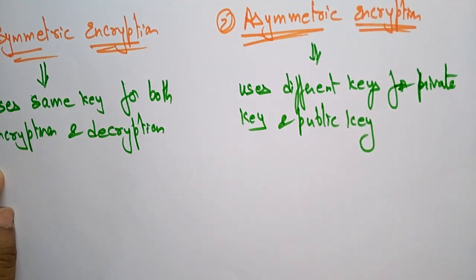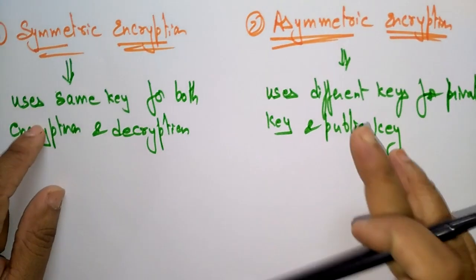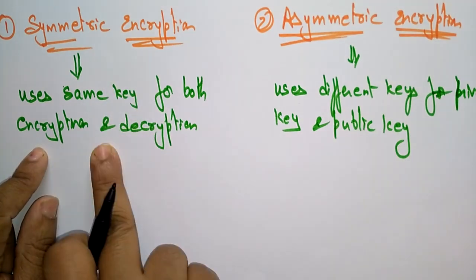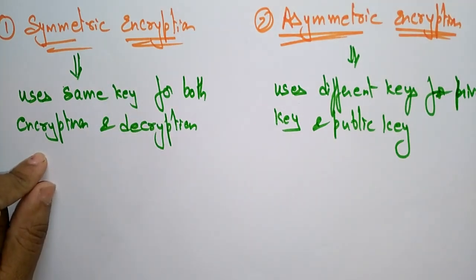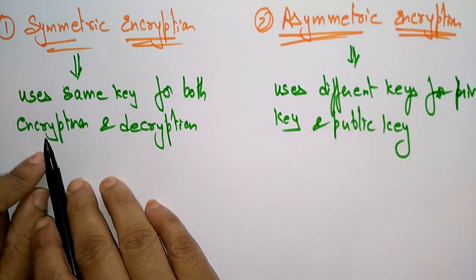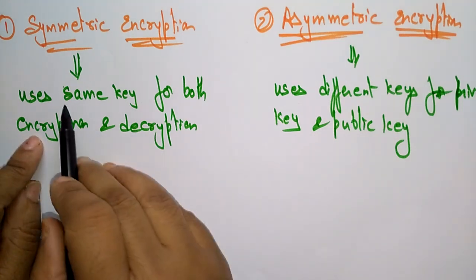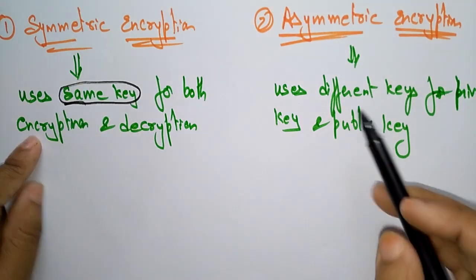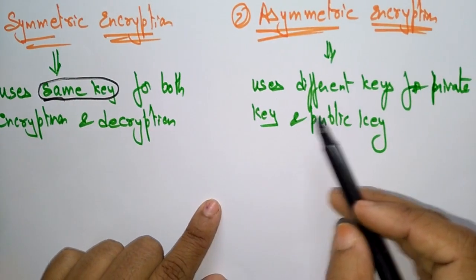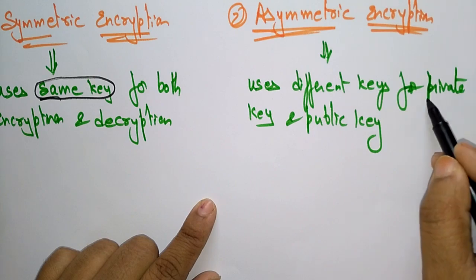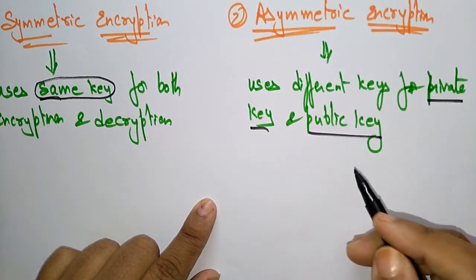This is the main difference between symmetric encryption and asymmetric encryption. Symmetric encryption uses only one key for encryption, and for decryption it uses the same key. Whereas asymmetric encryption uses different keys: one is the private key and another is the public key.